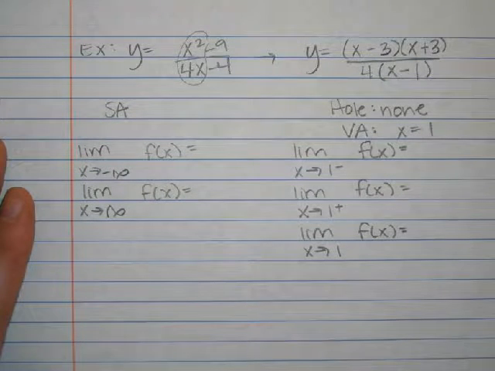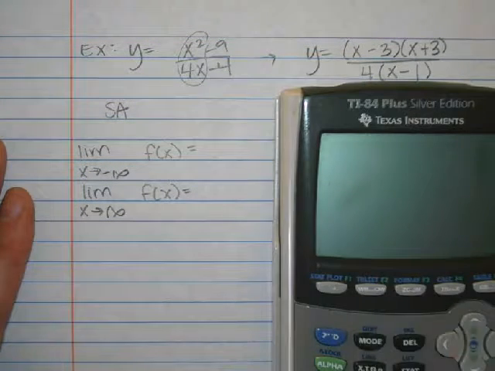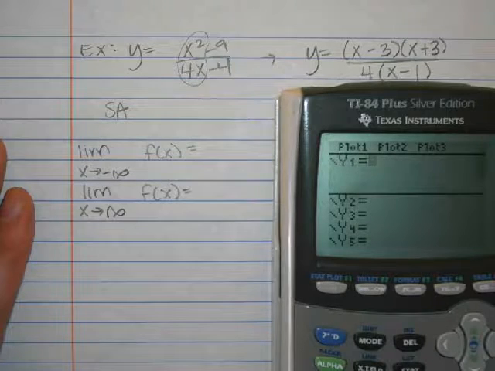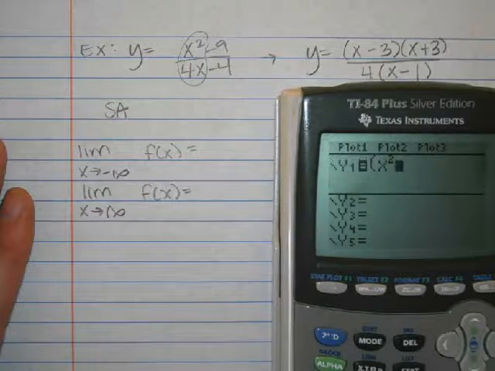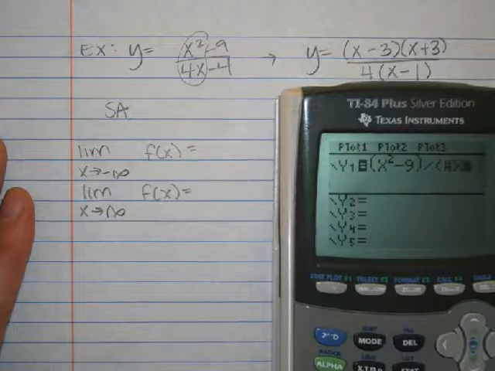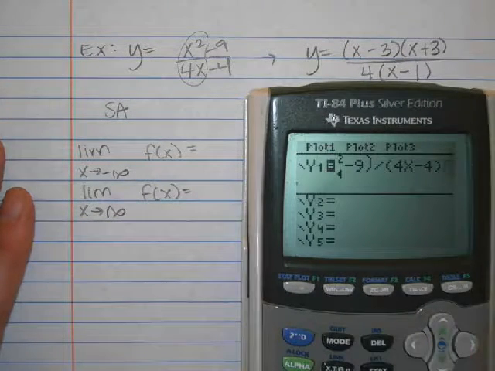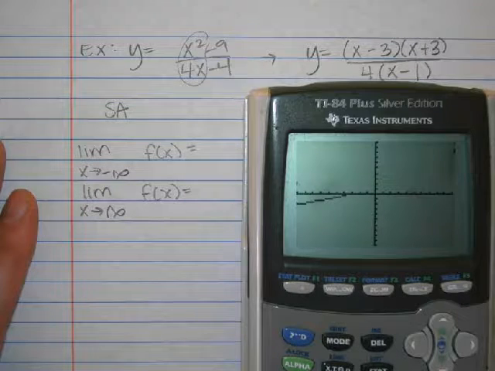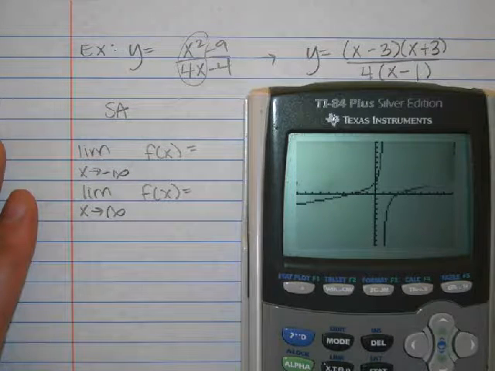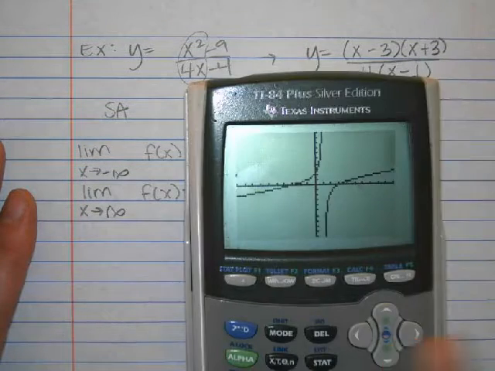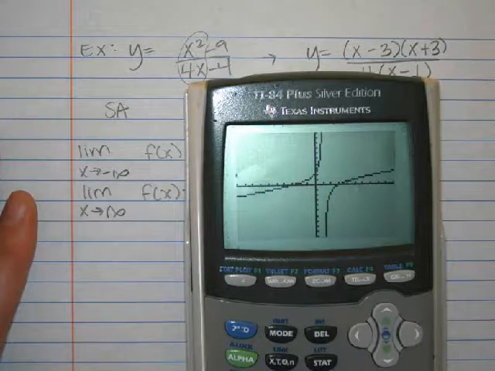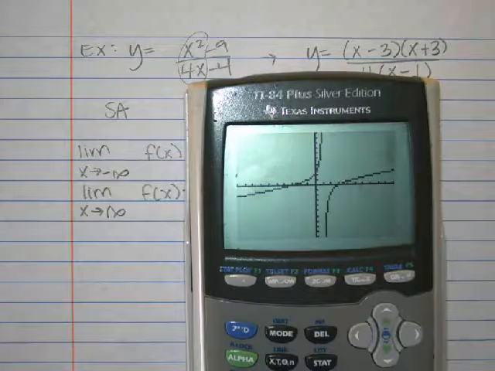Okay. All right, so I'm going to go ahead and graph this. x squared minus 9 over 4x minus 4. So it should look like this.